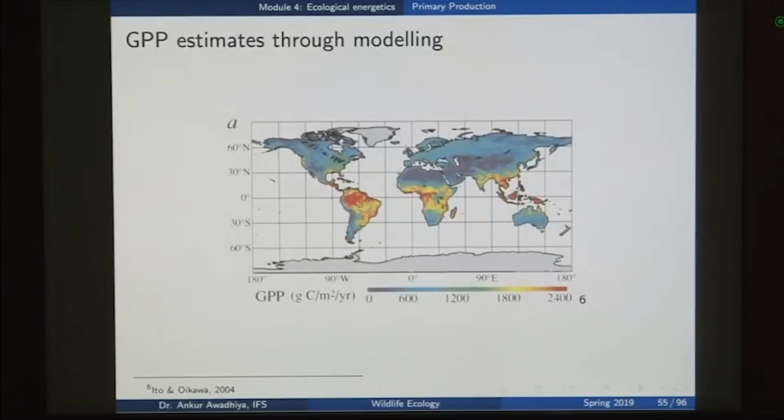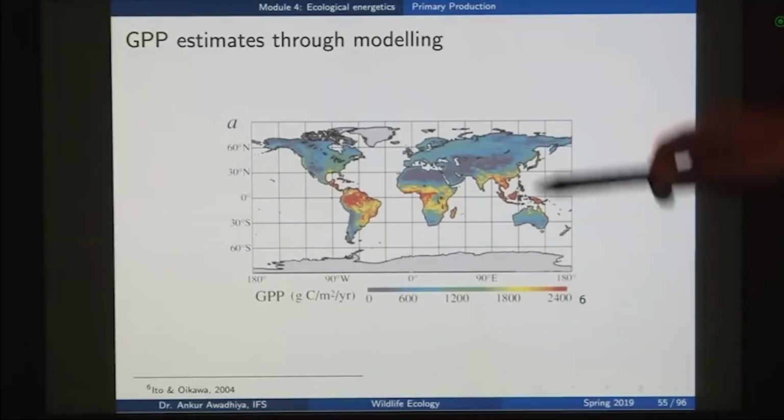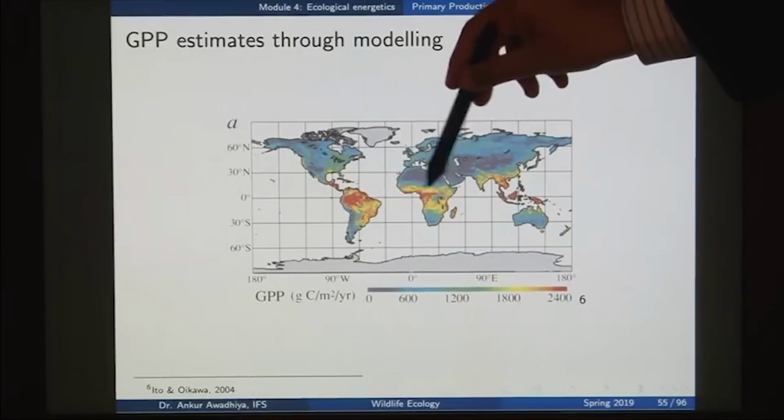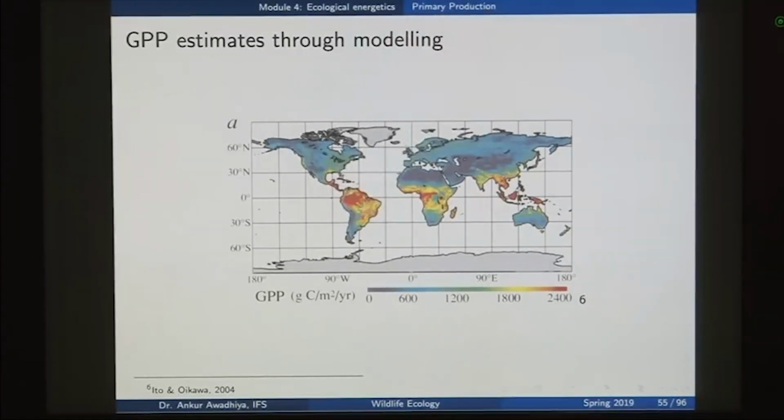So, this is the gross primary productivity of different areas, and here we can observe that it starts from 0 and goes to 2400, and so these areas are the most productive areas. Like this area is the Amazonian rainforest. These rainforests have a very high gross primary productivity.